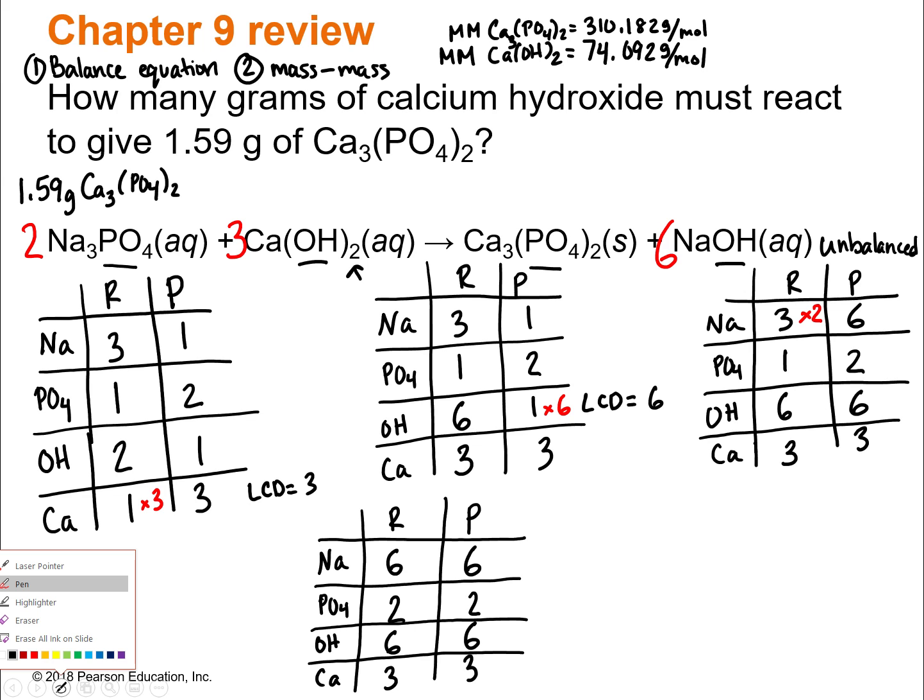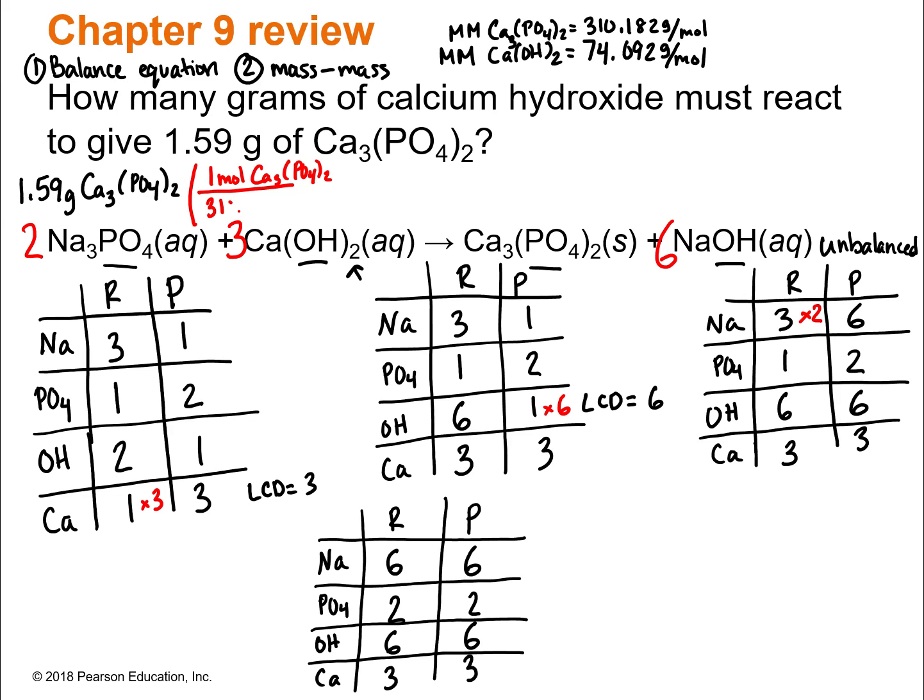We'll start with the number of grams of the calcium phosphate and use the molar mass to get to moles. Then we have to use a mole-mole ratio, which we get from our balanced equation.